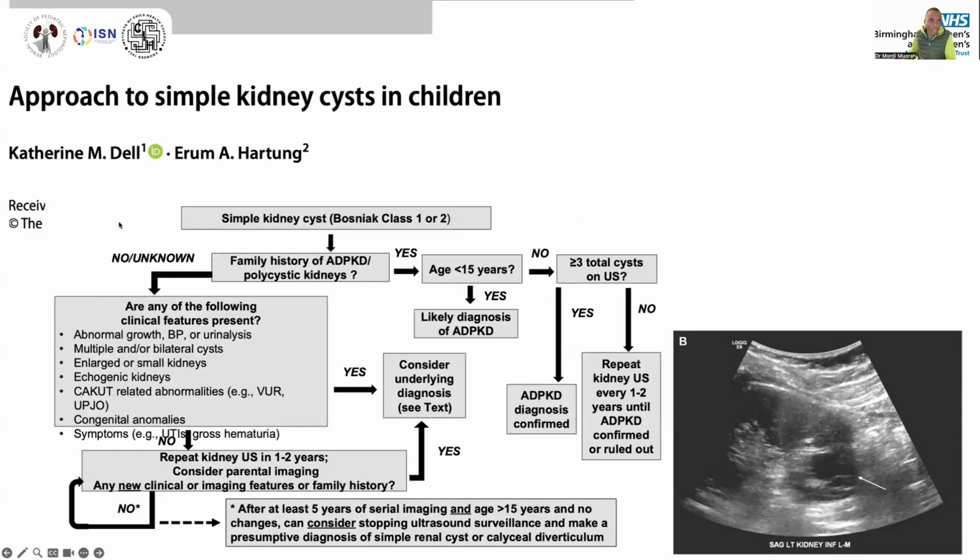And there was this nice paper by Catherine Dell, which follows this algorithm of how to follow these people up with repeating ultrasound scans yearly to 2 yearly if they have any of these features like enlarged kidneys or echogenic kidneys, whereas in others where things are much more simple, they may not need quite as regular follow-up.